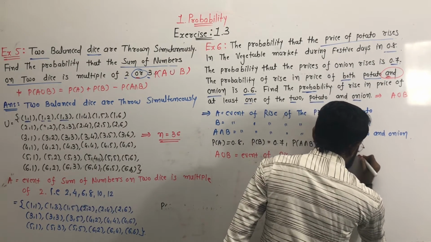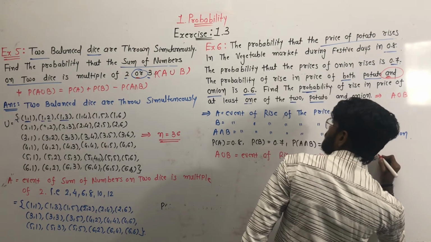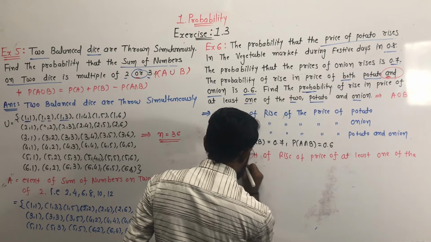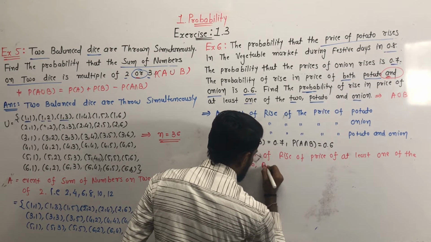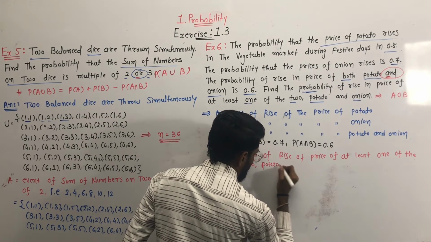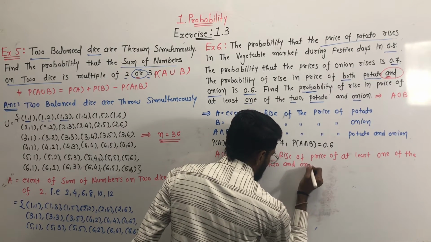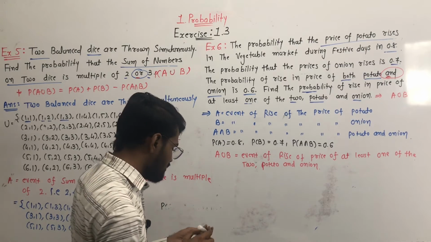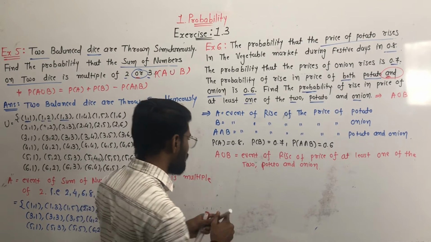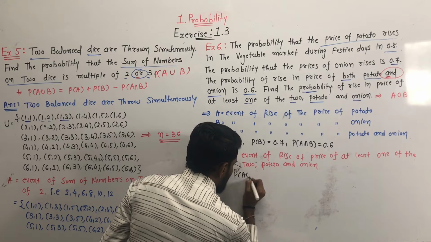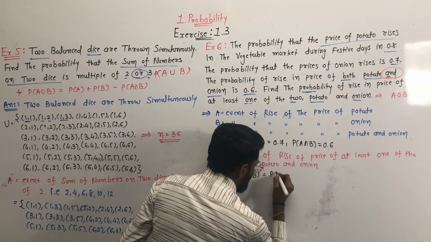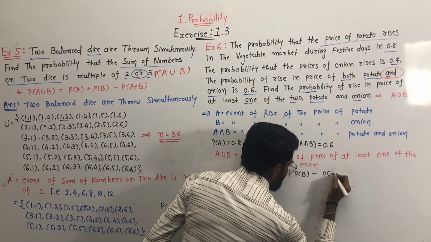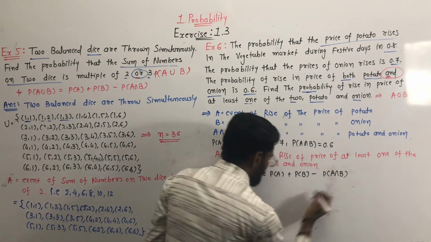At least one of the two, potato and onion. Clear? So this is denoted by A union B, and thus now we have to find the probability of A union B, and it is equal to P of A plus P of B, minus P of A intersection B. Put the value.